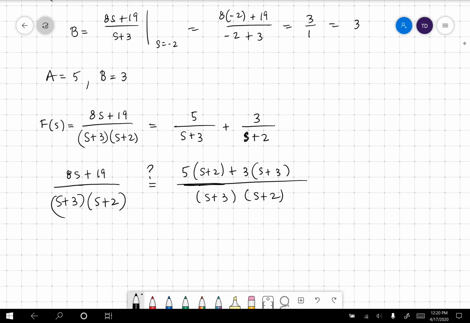So here's a summary of what we do with simple real poles. For each simple real pole that we have in F(s), we know there's a corresponding term in its partial fraction expansion.